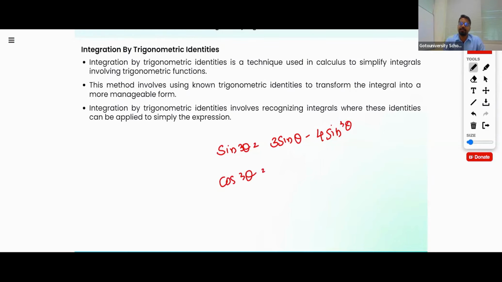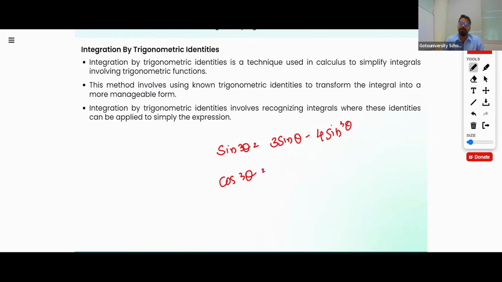So I can reduce the degree to 1 by using this formula. Cos square x is nothing but 1 plus cos 2x divided by 2. Now I can integrate this separately: 1 by 2 into dx plus cos 2x into dx. The integral of 1 by 2 is x by 2, and the integral of cos 2x is sine 2x divided by 2.